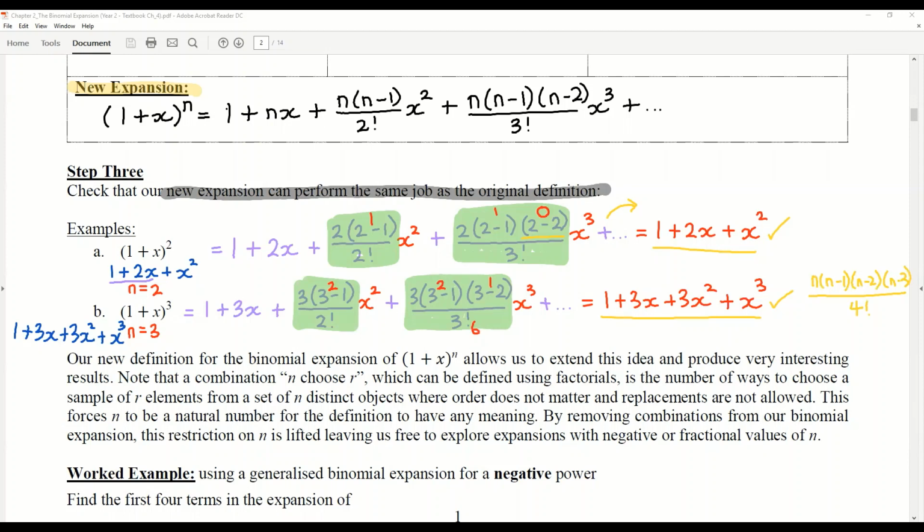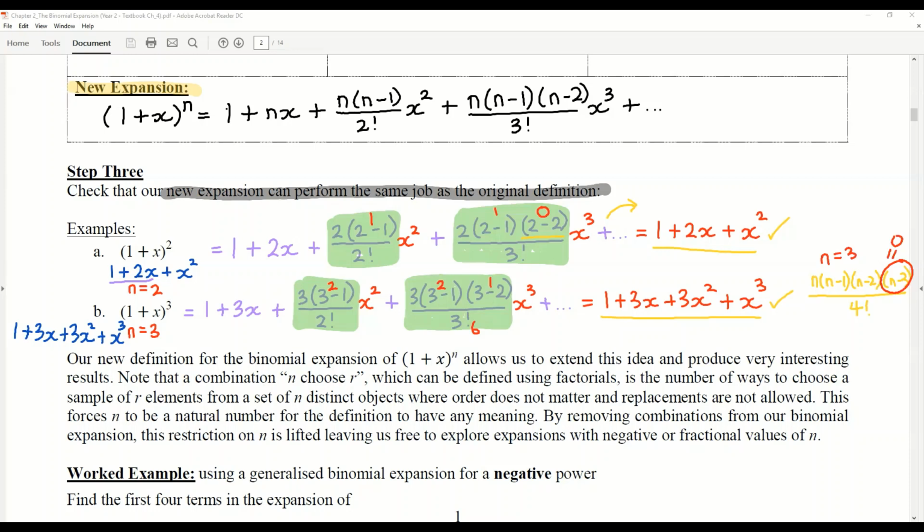And notice what would happen here. If we have n equals 3, this would be 0, which means that you cannot have powers 4, 5, and so on and so on. It simply will not work. So it seems to work for normal natural number powers of x.